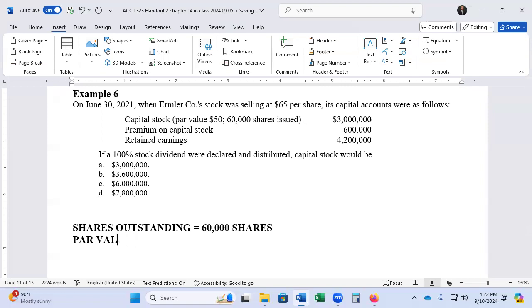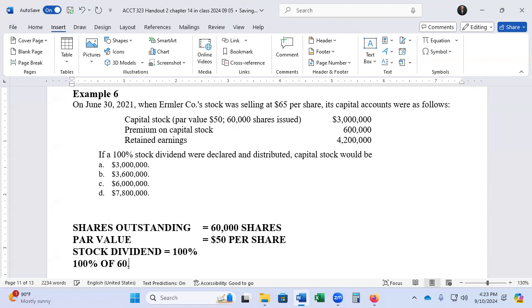Par value, $50 per share. And the stock dividend equals 100%. So 100% of 60,000 equals 60,000 shares.